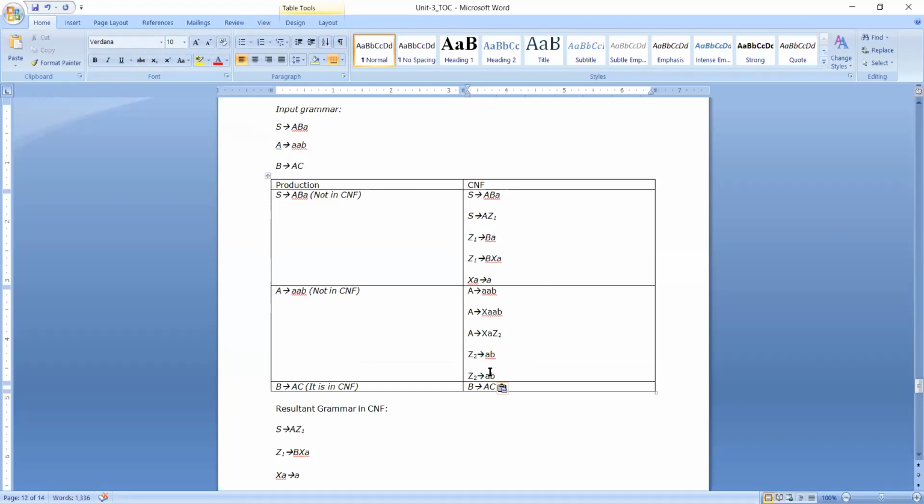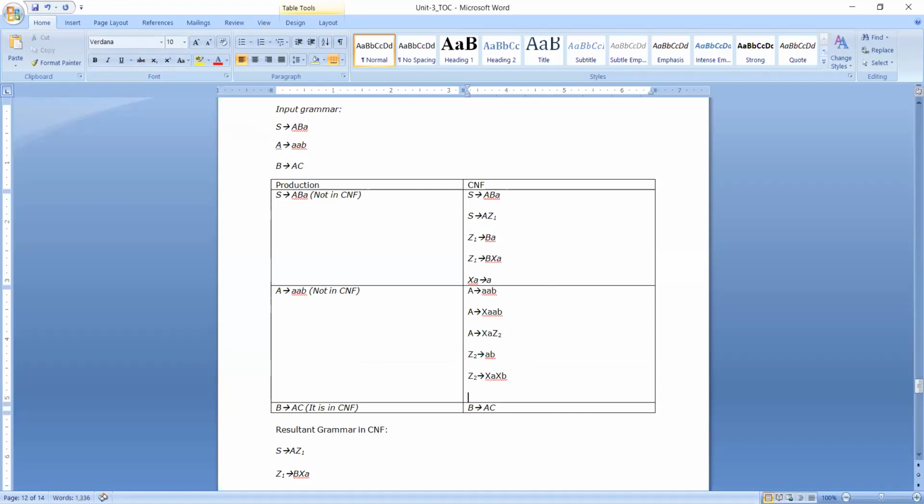So how am I writing that? It will be XA, because we already have that production, and XB. But this production is not available, so we need to specify XB derives to small b.